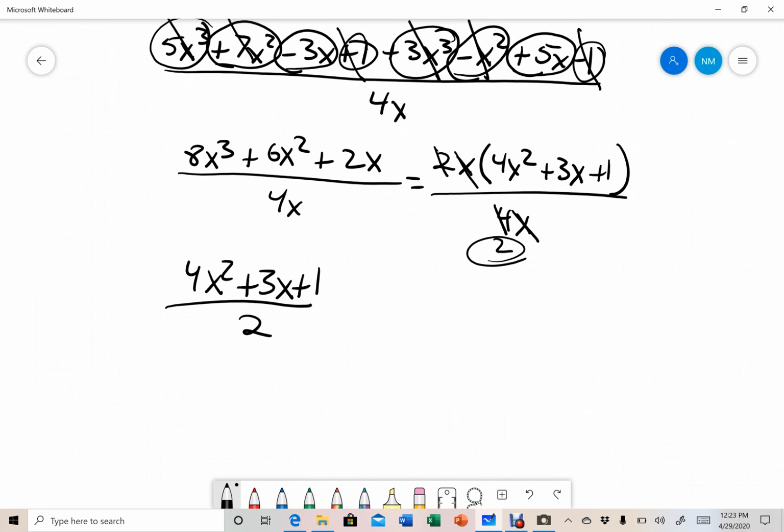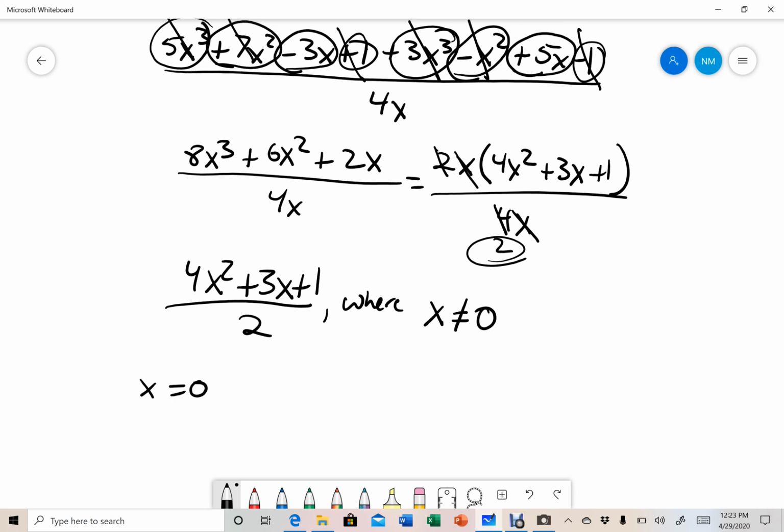Okay, now I have to go back and look at my excluded variables. Okay, so the only variable that was excluded here is x in this case. So x equals 0. So my answer is 4x squared plus 3x plus 1 over 2, where x does not equal 0.